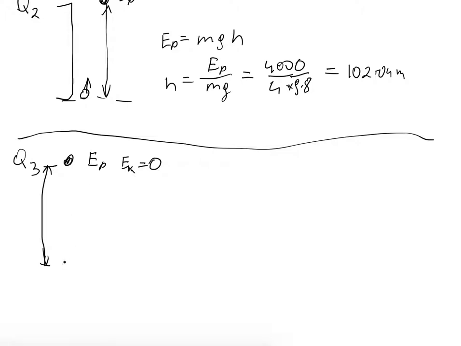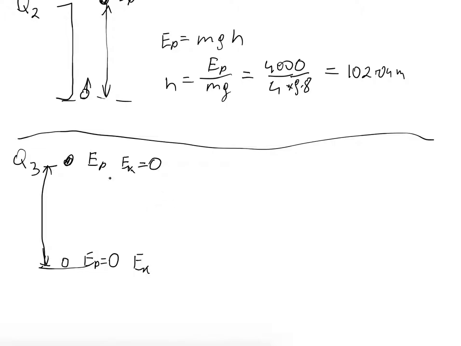Right here, just before it collides with the ground, let's draw the ground first, and now we can draw the stone. At this time, all of the potential energy of the stone turns into kinetic energy. So in this case, EP will be equal to 0, and EK will have some value.